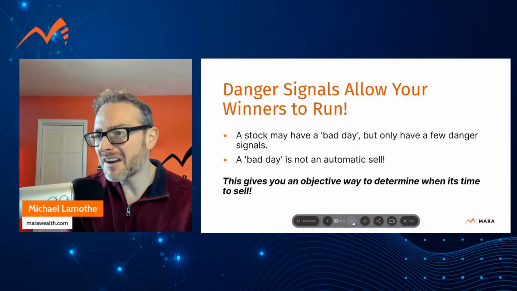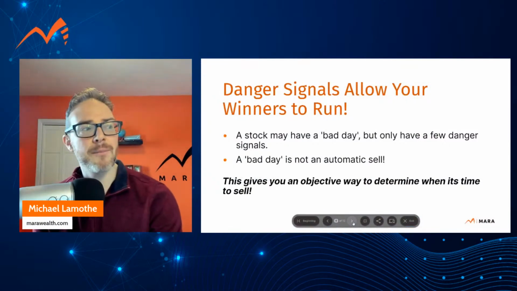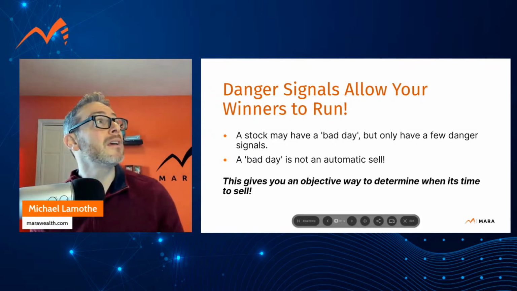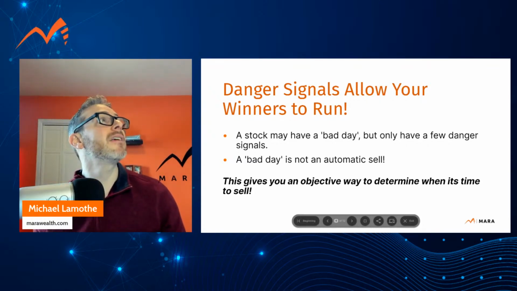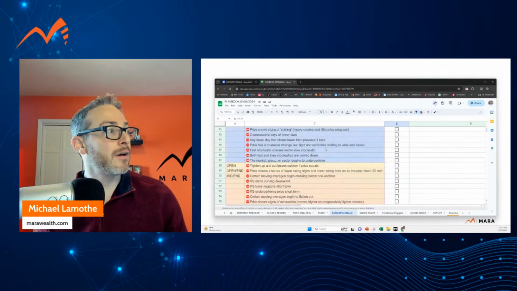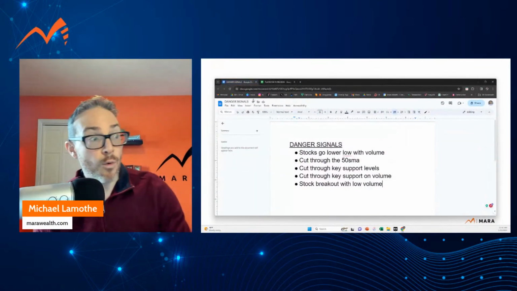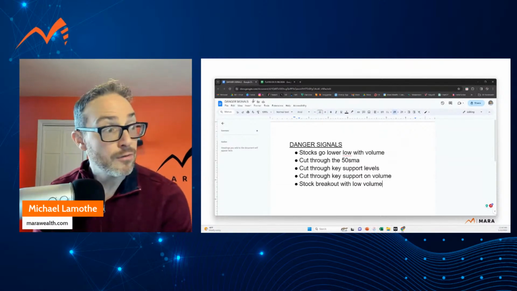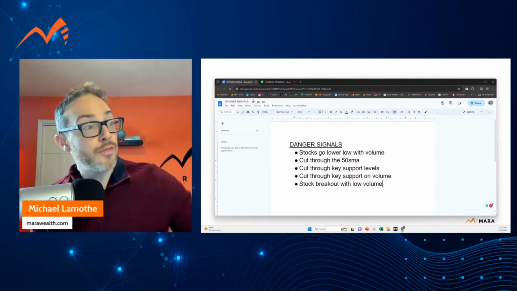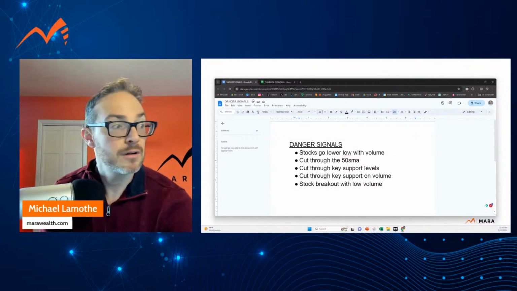They let us figure out when a stock might have just had a bad day, right? So if we had this tally here, let's go back to this, or look at one of your danger signals here. Say the stock went lower or cut through the 50-day moving average, right?